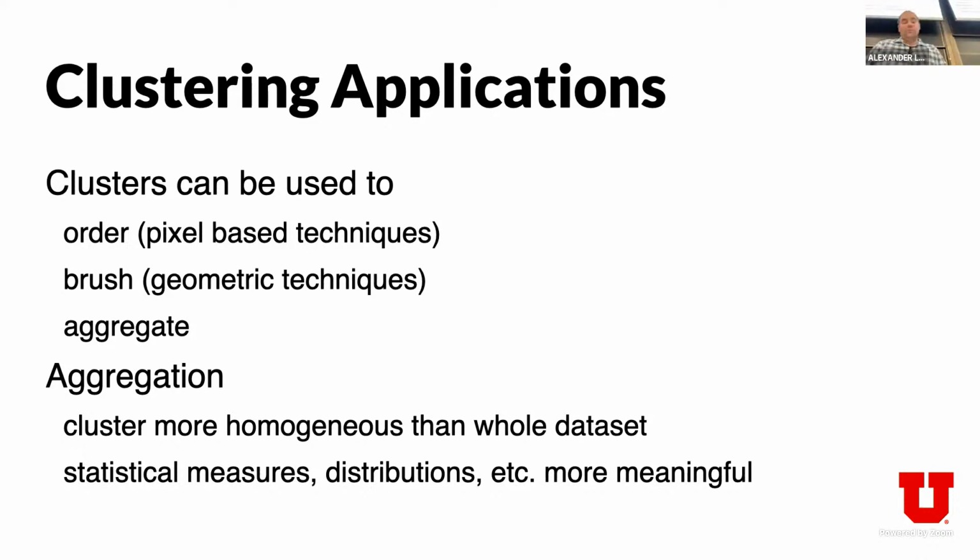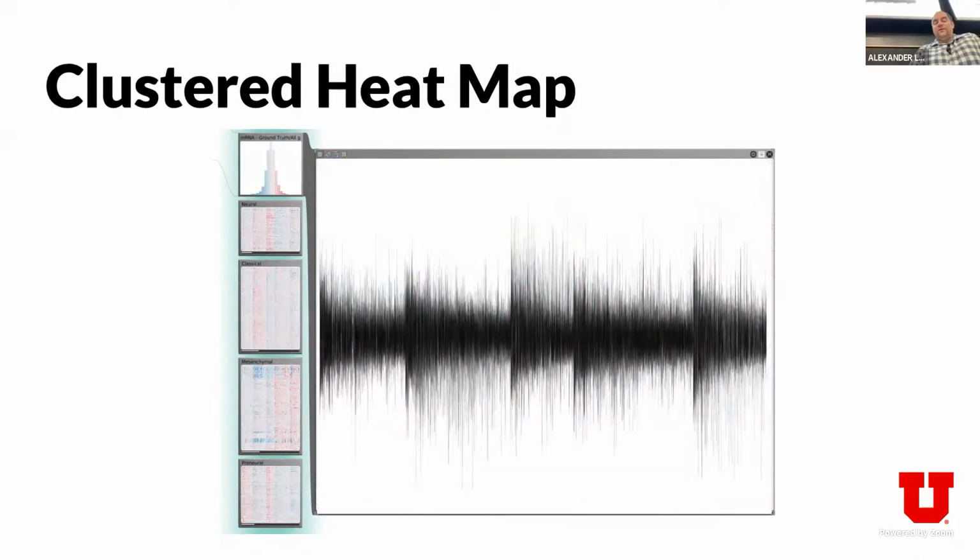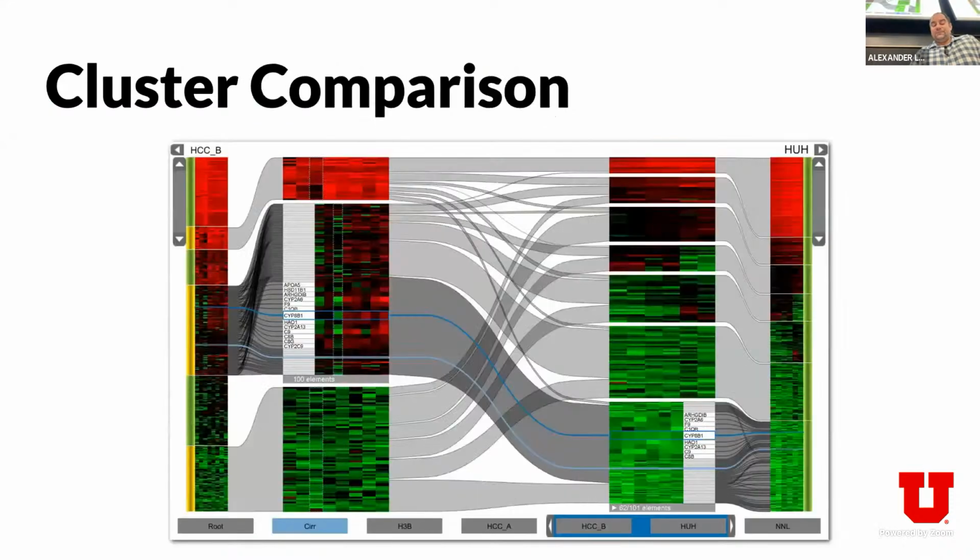And the statistical measures we can create on a cluster, like the distributions and so on, tend to be more meaningful than for a whole data set. So recall this figure here. This is where we used clustering to show structure in a very large experiment. And compared to a visualization technique that doesn't use clustering, it's really hard to see.